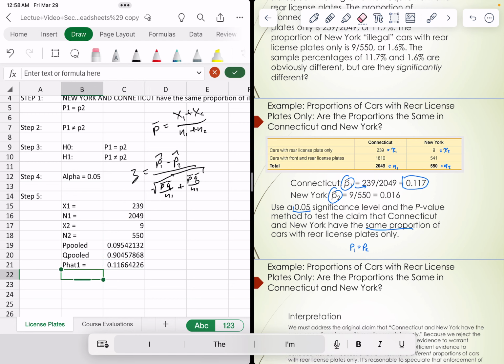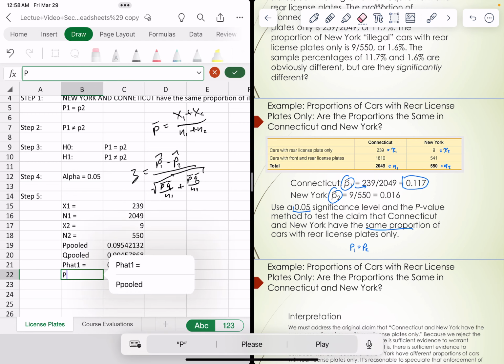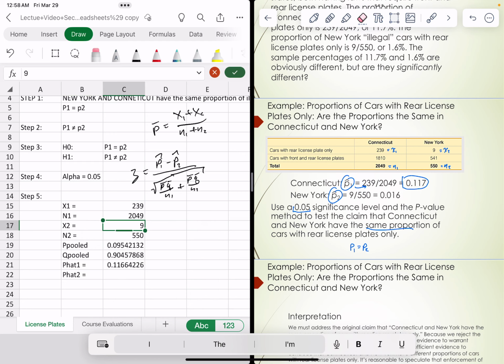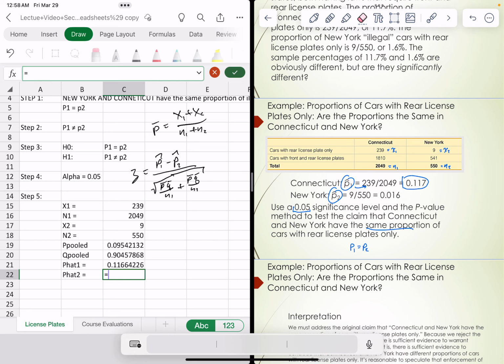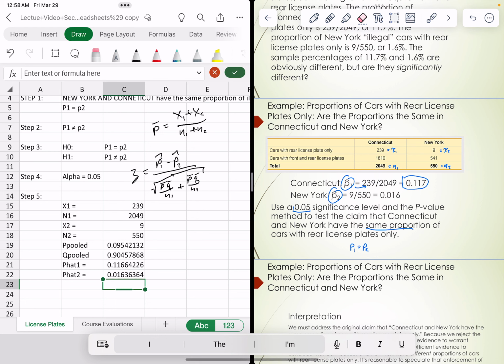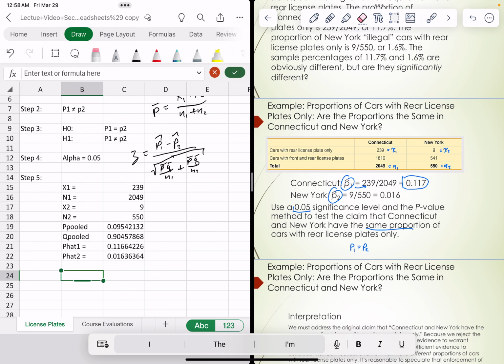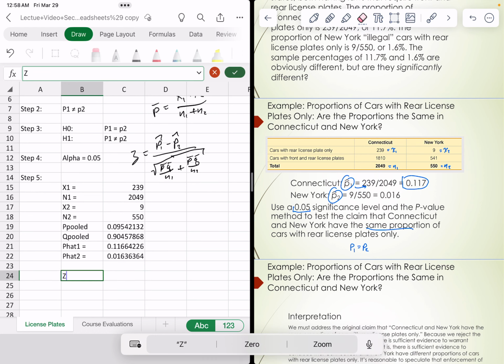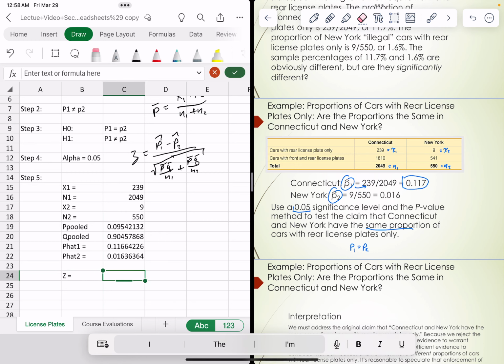Enter. P hat 2 is going to equal X2 divided by N2. Enter. Now that I've got all that, I can put it all together and make Z.